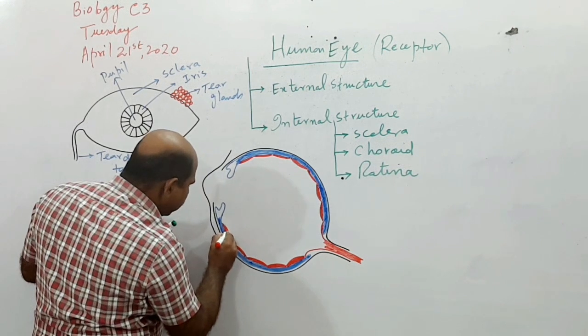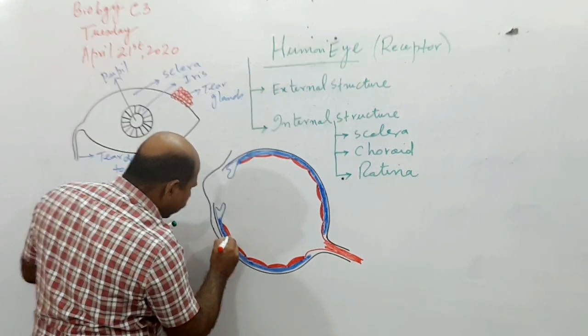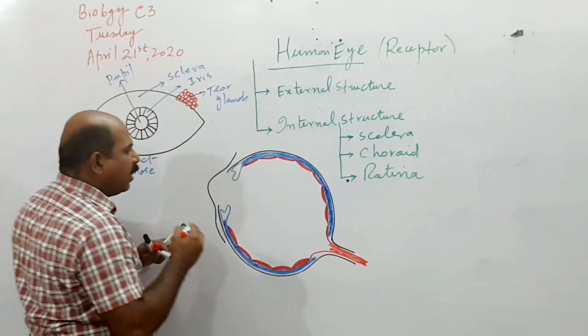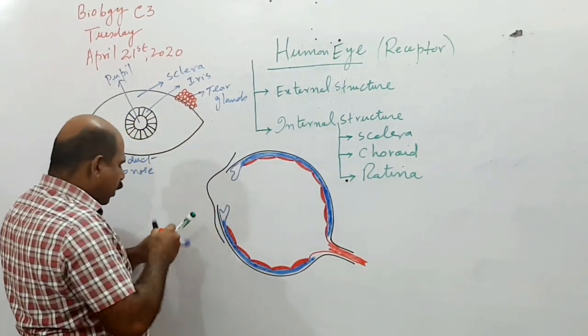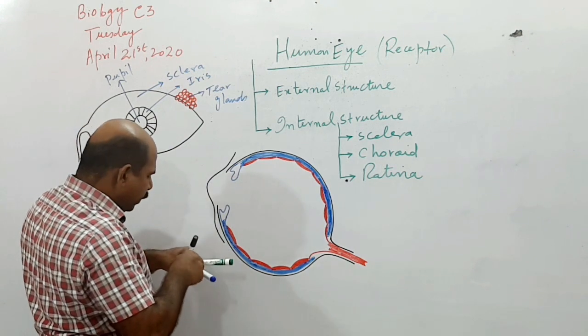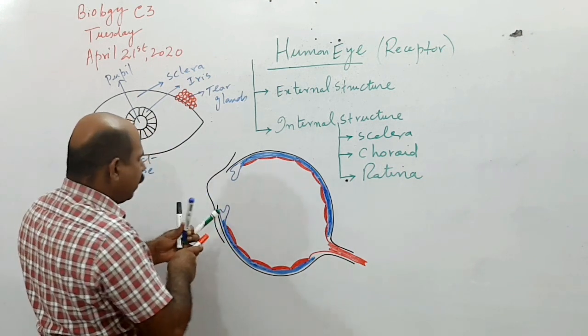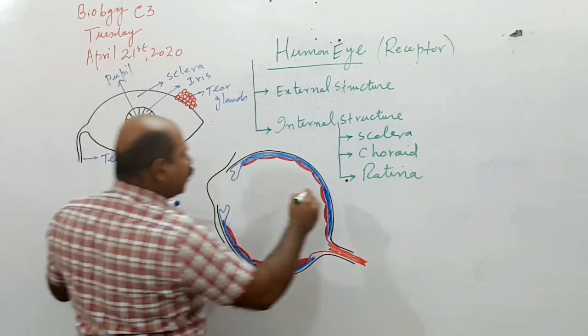So here I have drawn this retina, you can see very clearly. Now if I label all these parts, I'll also be making some other regions in this one.